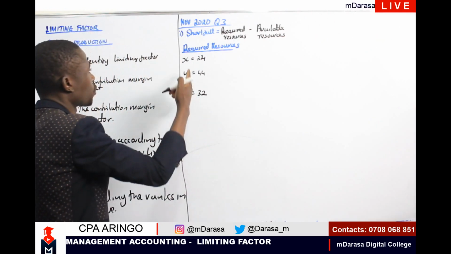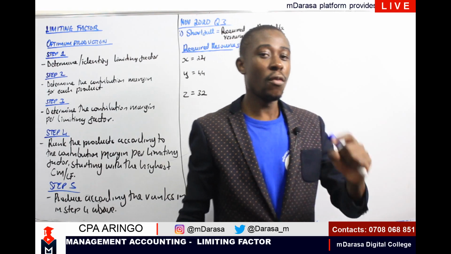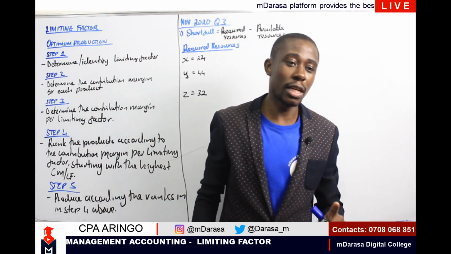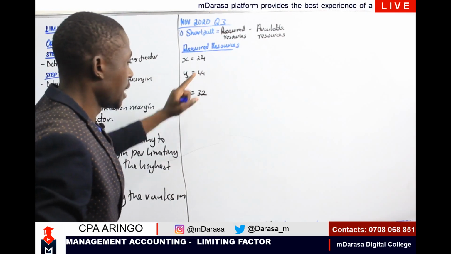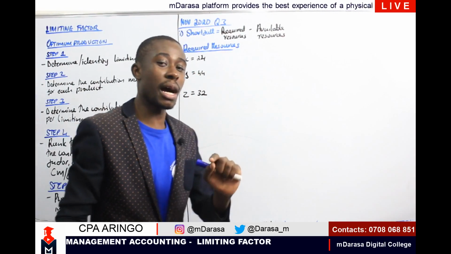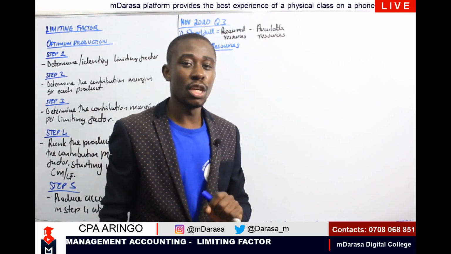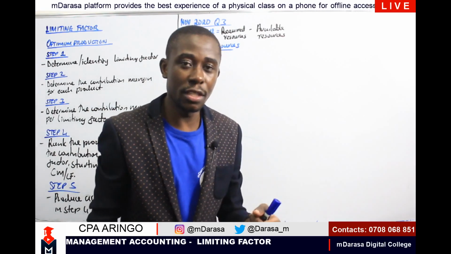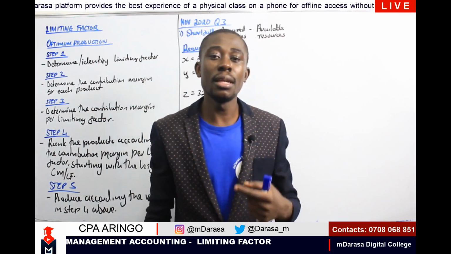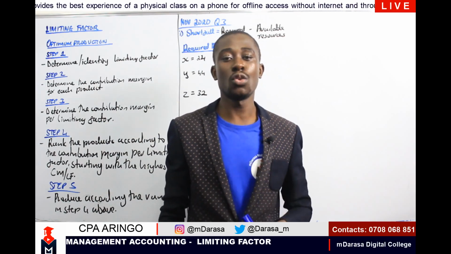So for product X, the total cost that I incurred to produce 1 unit in regard to labor was 24 shillings. And each labor hour I was paying 8 shillings. So the question is, can we now determine the hours required to produce 1 unit?